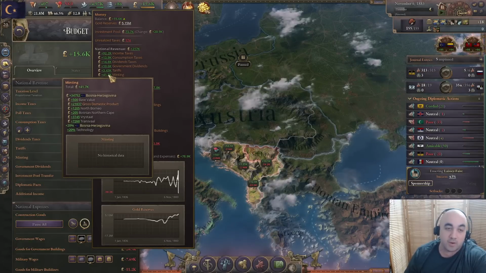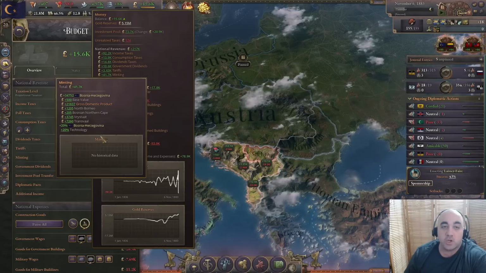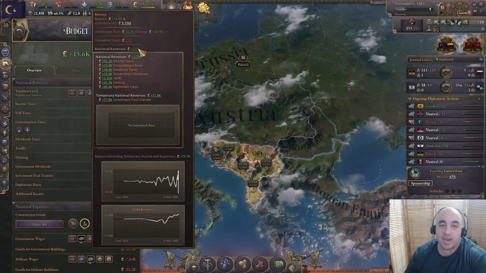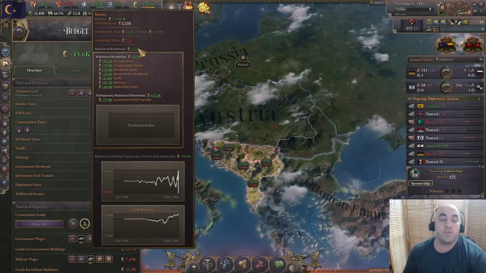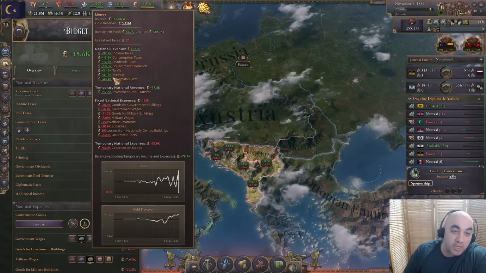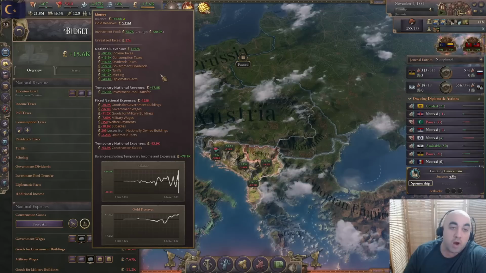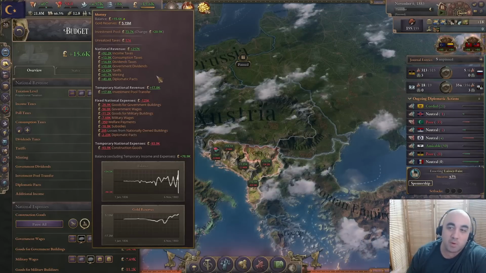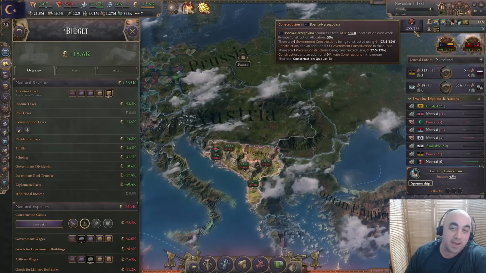Now, the one that we need to focus on a little bit here is minting, which is going to be a standout thing, because minting is not taking anything away from pops. It's not just the case that minting is useful because of this 217k, we're getting 40k from minting, and that's really nice. Minting is what's known as a free money modifier. We're not only getting the money from the minting and the Diplo pacts for free, it is also stimulating prices up, because we are re-injecting money into the economy by adding construction.